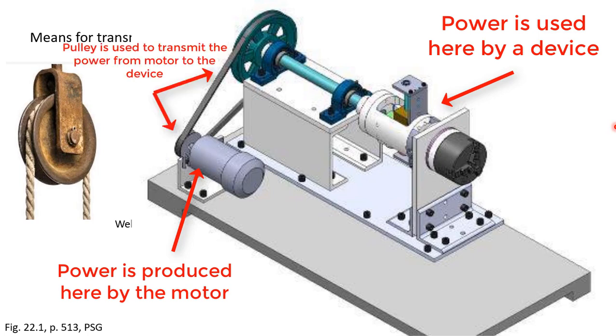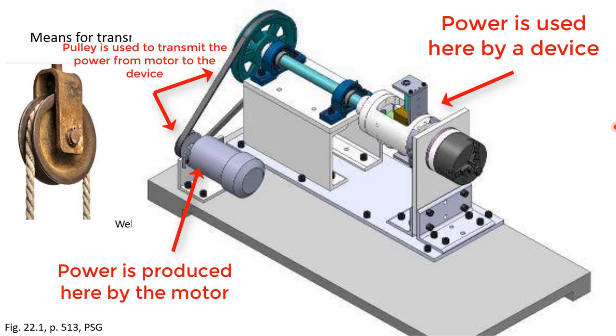One shaft may not be able to transmit the power because of the distance or because they are in different planes. So we need to use multiple shafts to transmit power, and in order to run these shafts, we need some machine elements, and the pulley is one of them.